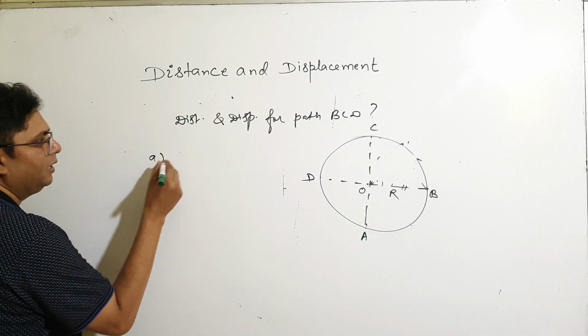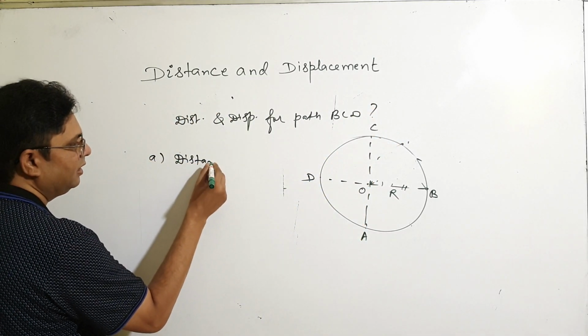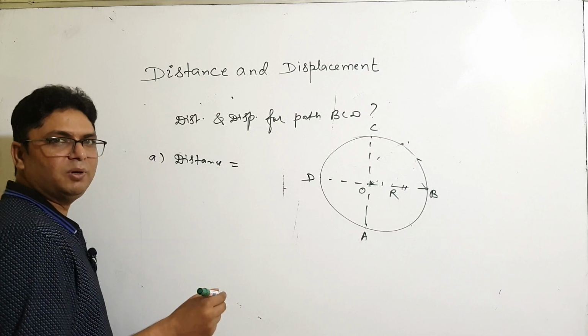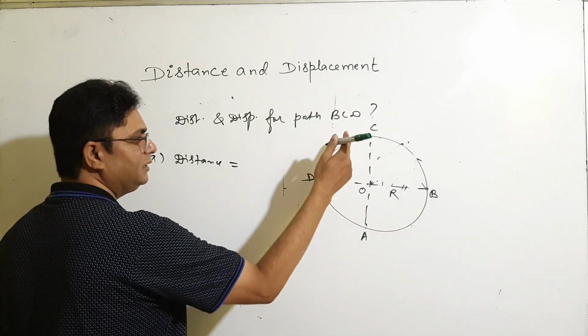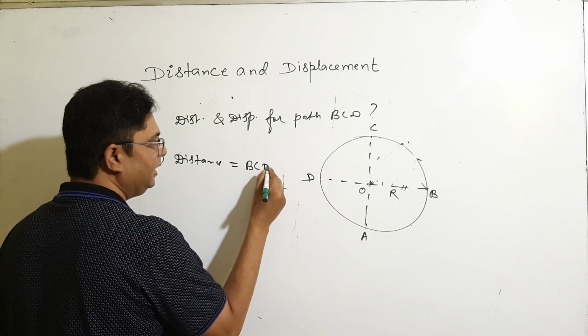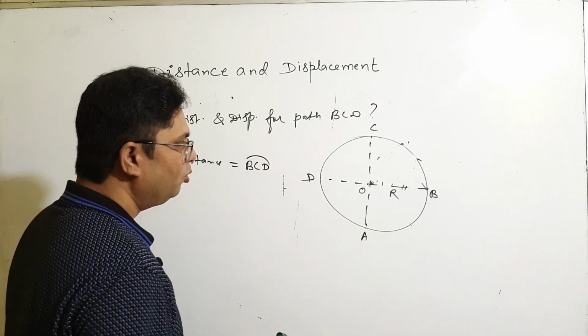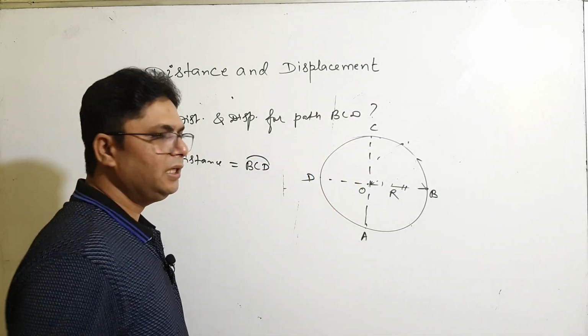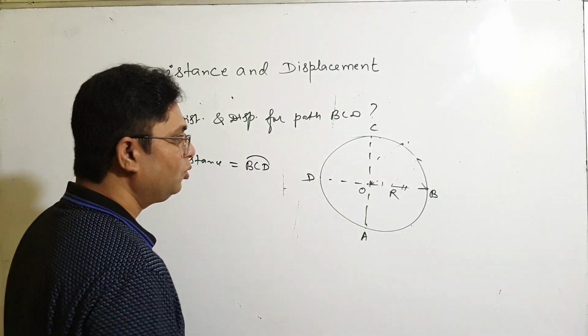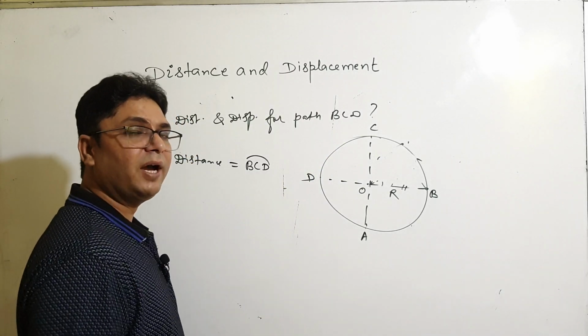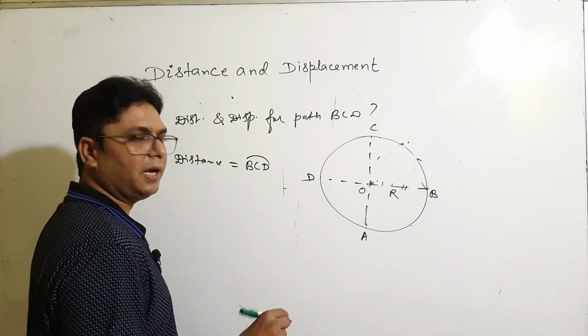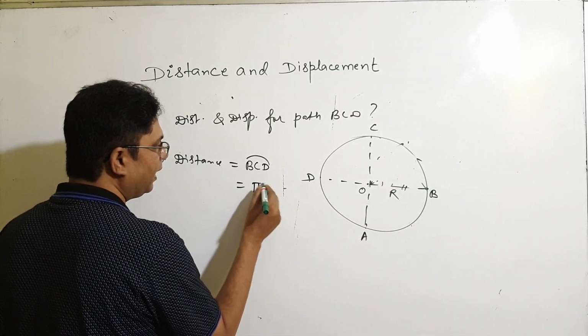So first, when you find distance, then distance is equal to actual path length, so it is BCD arc length. So you know that the circumference is 2 pi r. So 2 pi r is the circumference, so you divide by 2, it is pi r. So this will be pi r.